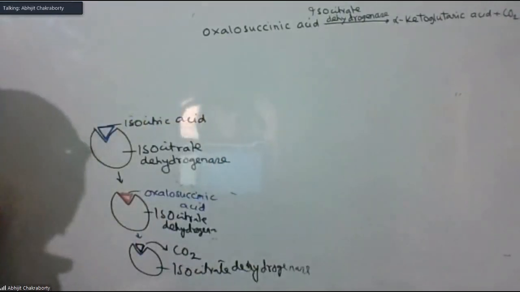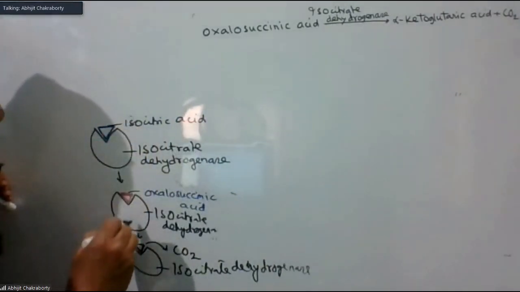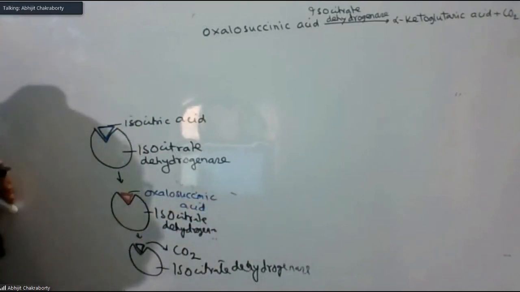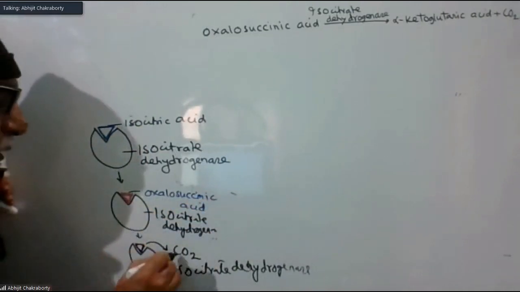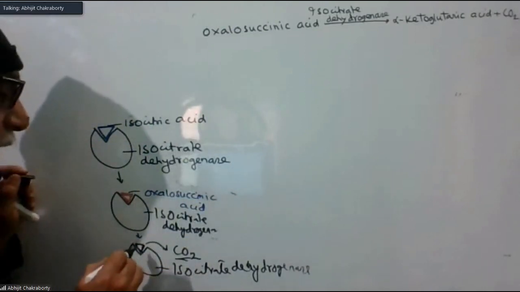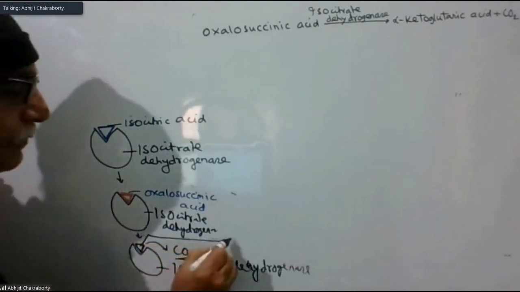First of all, isocitrate dehydrogenase has the active site where isocitric acid binds. The enzyme-product complex is formed, forming oxalosuccinic acid. Before leaving the active site, one molecule of carbon dioxide is released out, forming alpha-ketoglutaric acid. What is this product called?